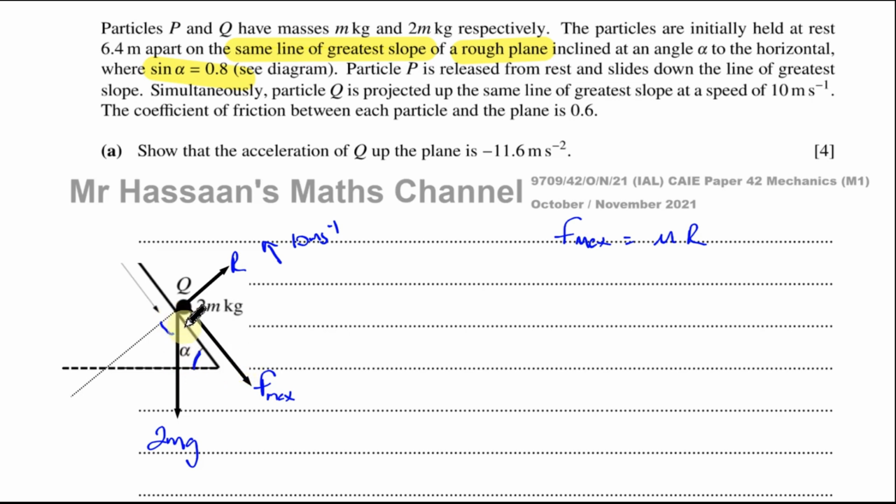If we consider this big triangle over here, and this little triangle over here, I know that this angle in this little triangle and in the big triangle is the same in both of them.